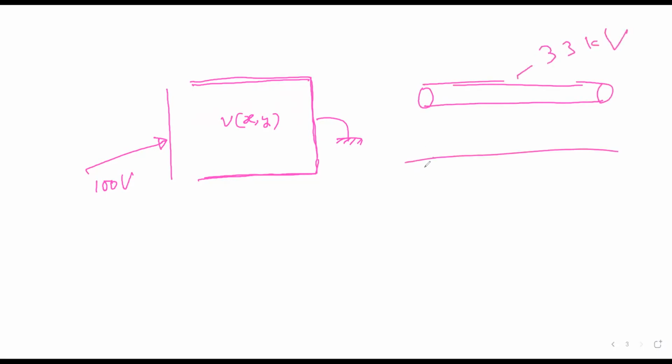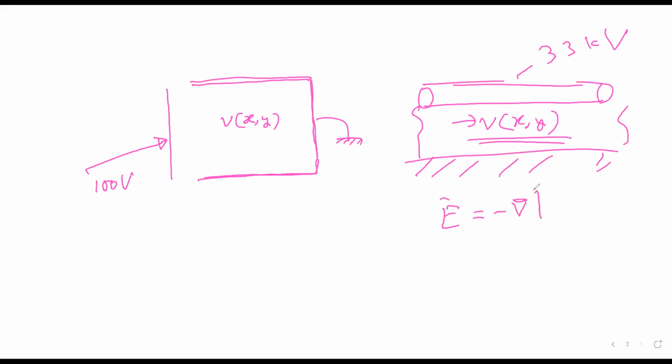You have a ground there. Then between this region your potential is distributed, and if you have been asked to calculate how, you can do that. If your potential is known to you, then the electric field can be calculated from the negative gradient of your potential.